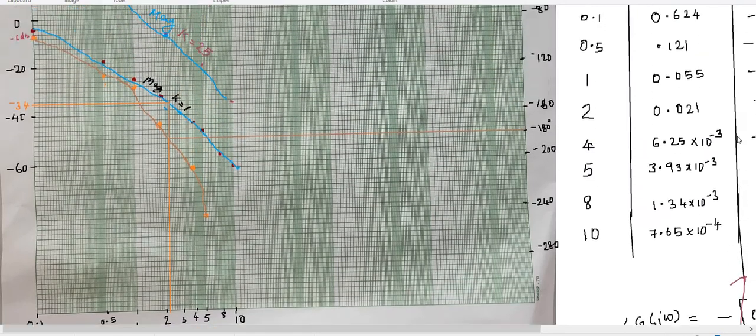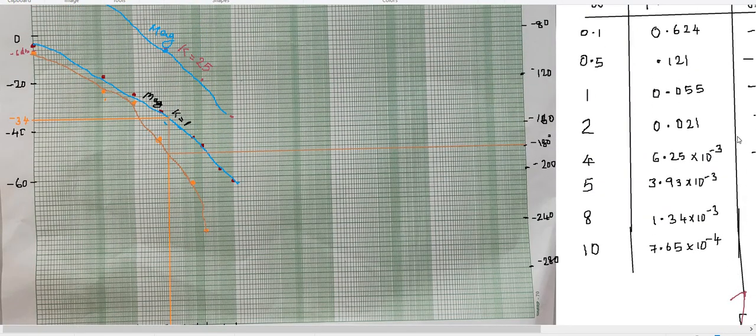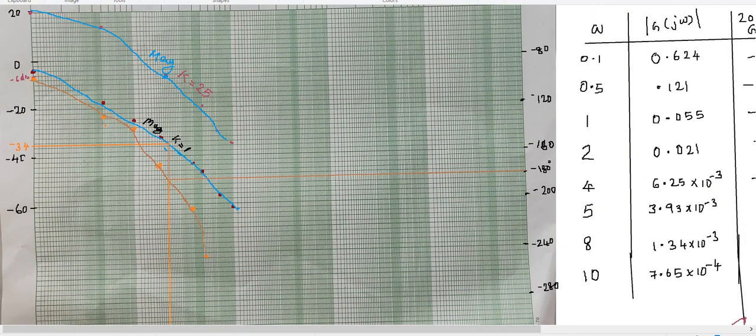Minus 135 degree, that we have to check in the phase plot. What is the frequency at minus 135 degree? This is corresponding to minus 140 and minus 145 degree, so minus 135 degree will be approximately here. This orange line shows our phase angle plot.